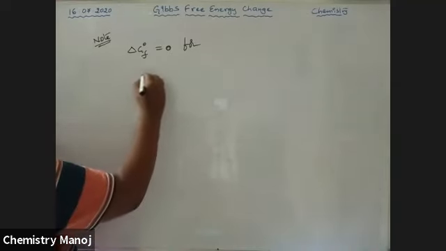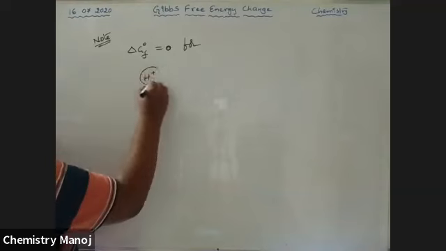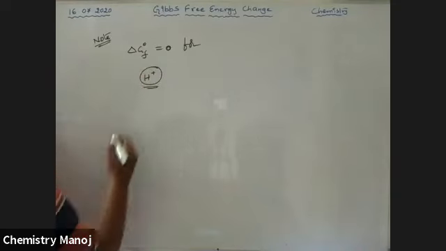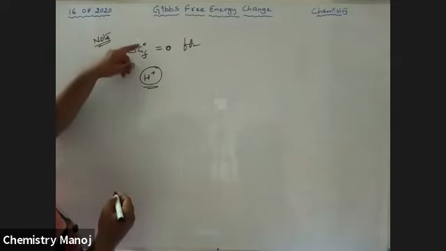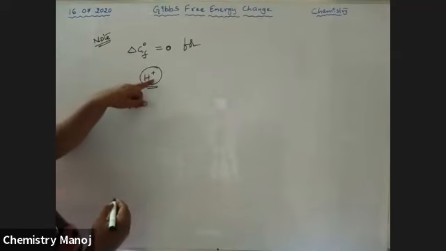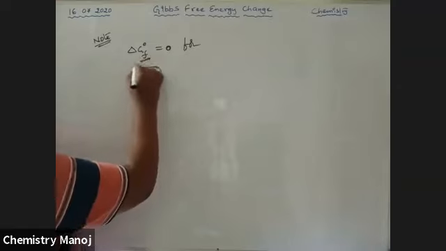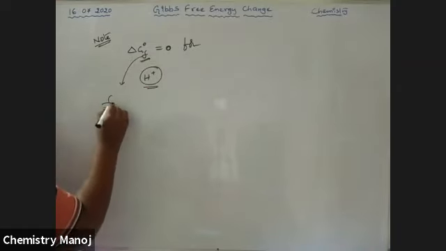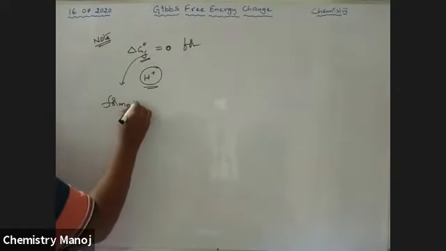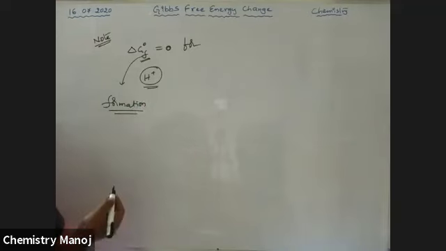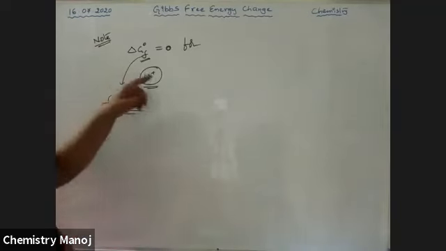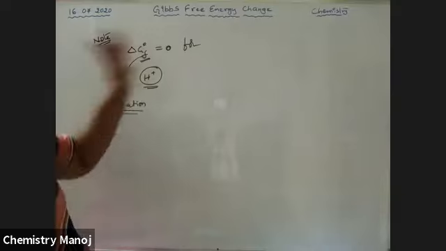Very important, for the H plus ion, asked a number of times: delta G naught of formation, F means formation, of the H plus ion is equal to 0.